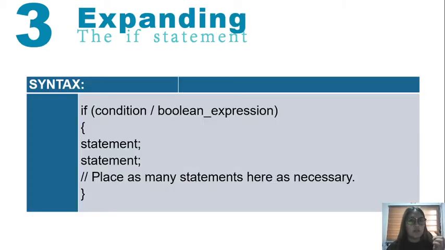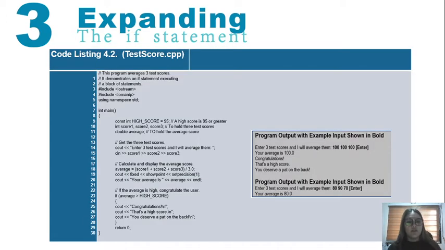So, lesson 3 is the expanding the if statement. Ano naman tong expanding the if statement? Dito, you can place as many statements as necessary as long as nasa loob siya ng braces. So, the if statement can conditionally execute a block statement enclosed in braces. So, let's have a sample.